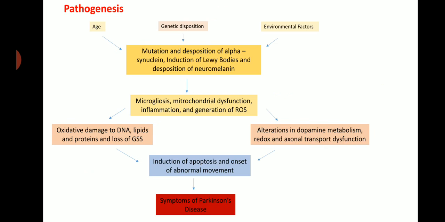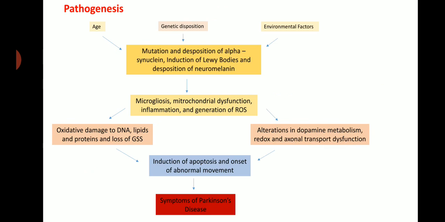Then the induction of Lewy bodies. What is a Lewy body? It is the deposition of alpha synuclein. The function of the Lewy body is not known up till now, but it is present in Parkinson disease.